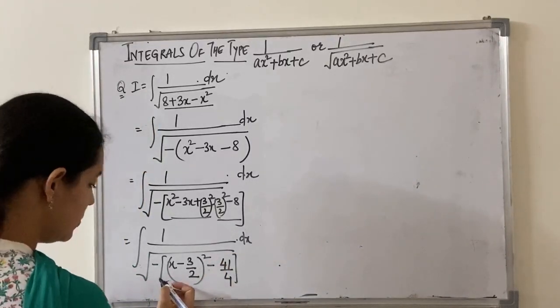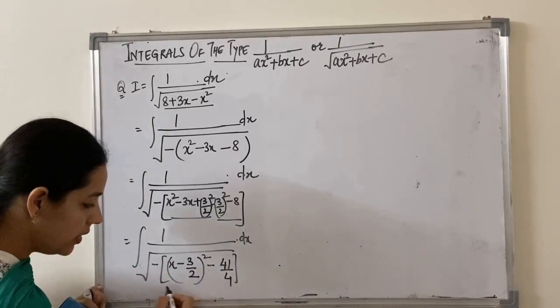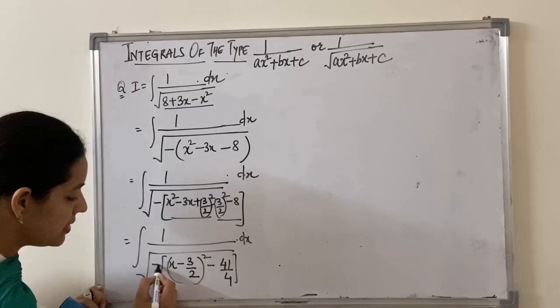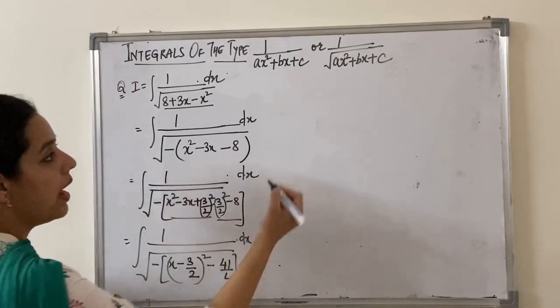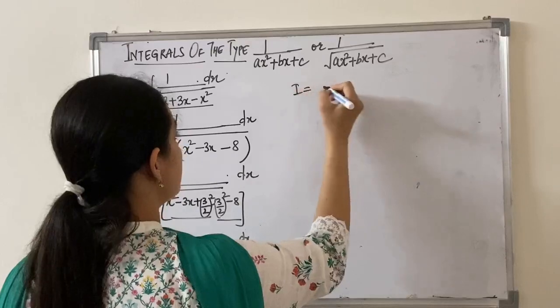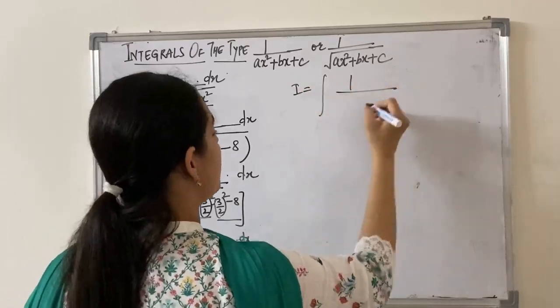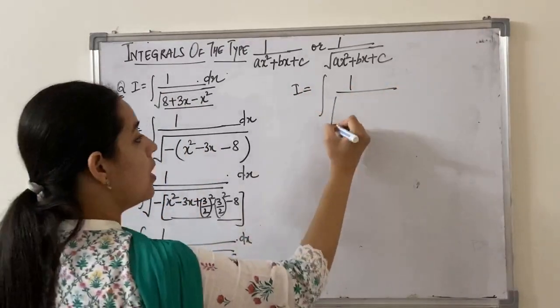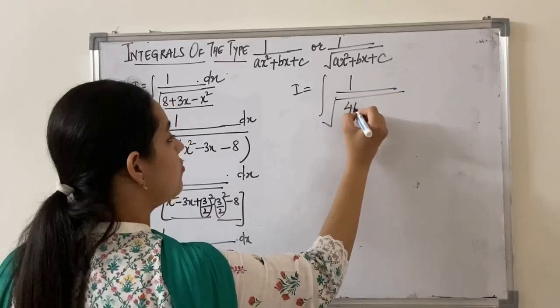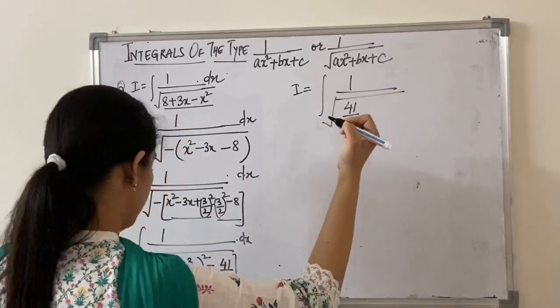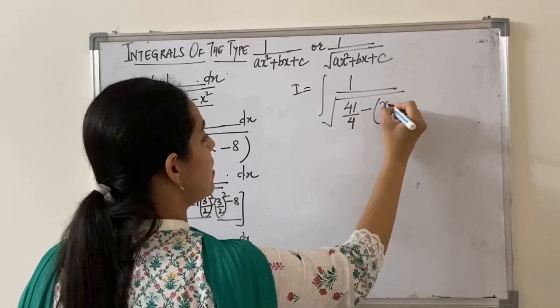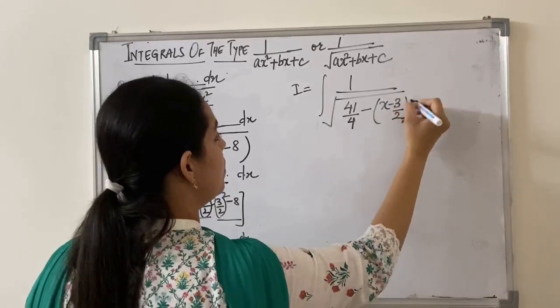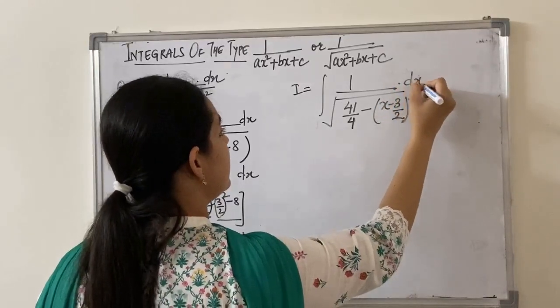Now we have completed the whole squares, we can take this negative sign inside again, and it will turn out that I becomes equal to 1 upon under root of 41 upon 4 minus x minus 3 by 2 whole square dx.